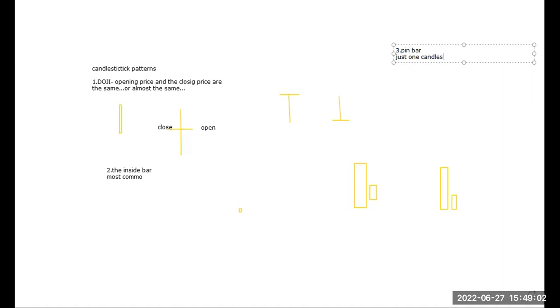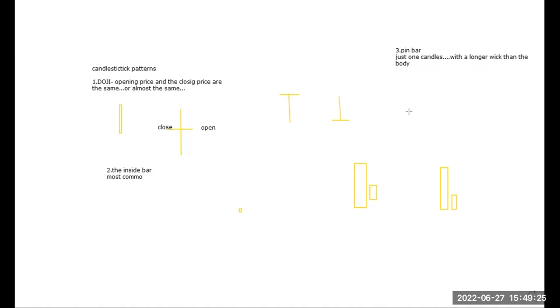This is a candle whereby you have a longer wick than the body. How does it look? It comes in different representations and dimensions.